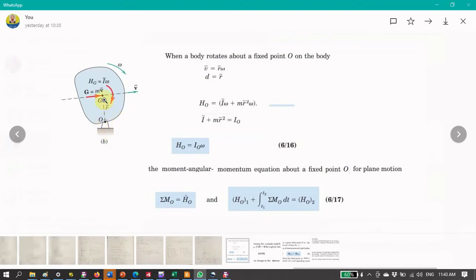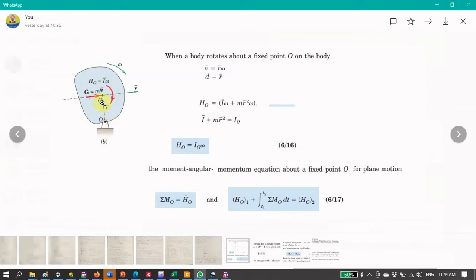Here, the average velocity is given by the distance from the mass center to the fixed point, the axis of rotation, given by R-bar, and the linear velocity of the mass center is given by R-bar, the distance from the fixed point, times the angular speed of the rigid body.